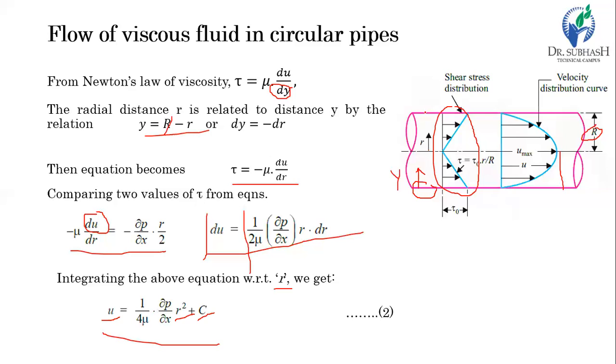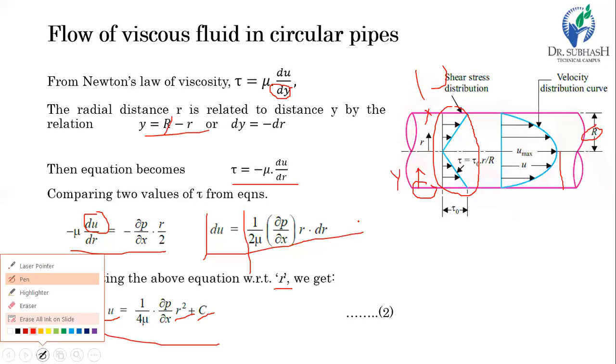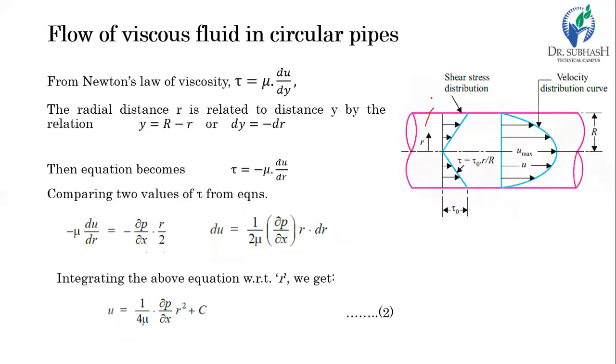At this cross-mark position, the value of r is capital R. And the value of u, as per the definition of viscous flow: when the viscous flow comes in contact with a solid boundary, the velocity is zero, because the very outermost layer which is in close contact with the boundary has zero velocity, or it sticks to the boundary of the pipe.